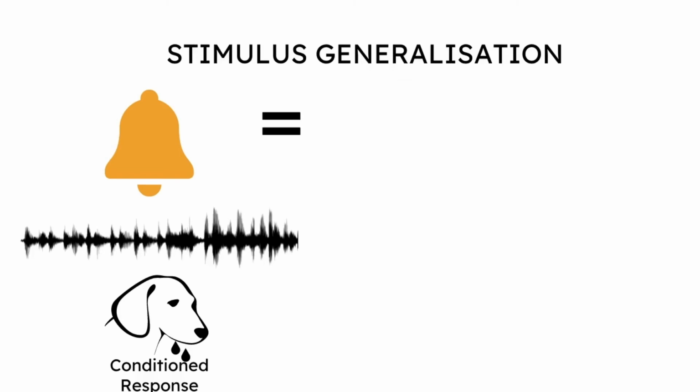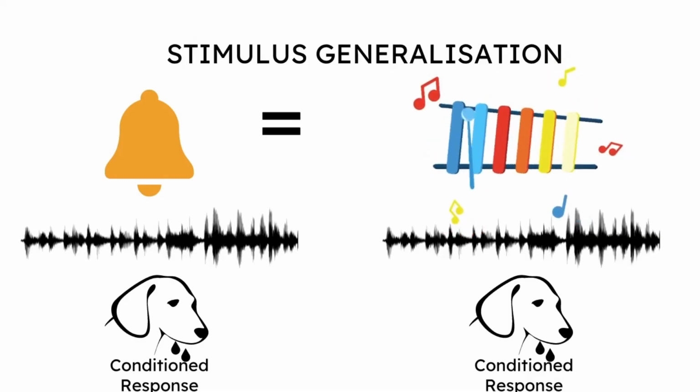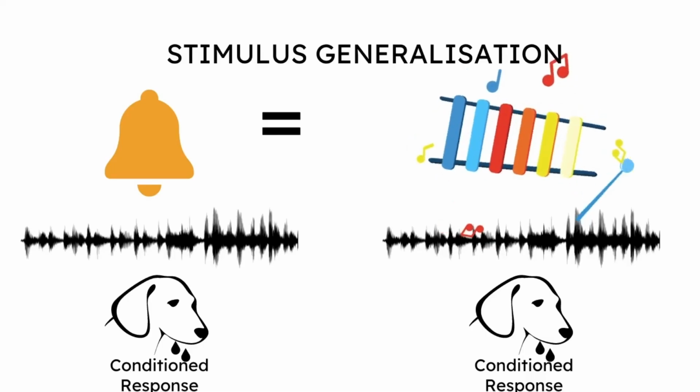Say, if the sound of the bell used to condition the dogs closely resembles the sound of, say, a xylophone, then based on the concept of stimulus generalization, we should observe the dog salivate to the sound of the xylophone alone, although there hasn't been any deliberate conditioning of the dogs with the xylophone. This is the concept of stimulus generalization.